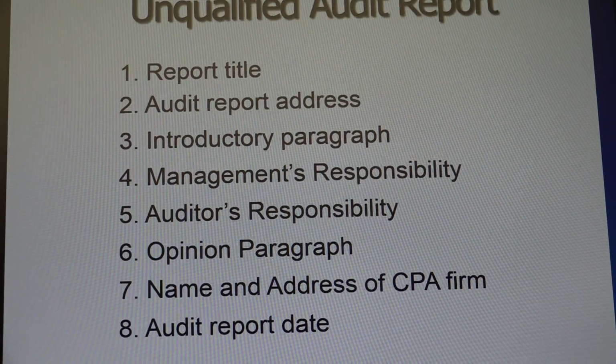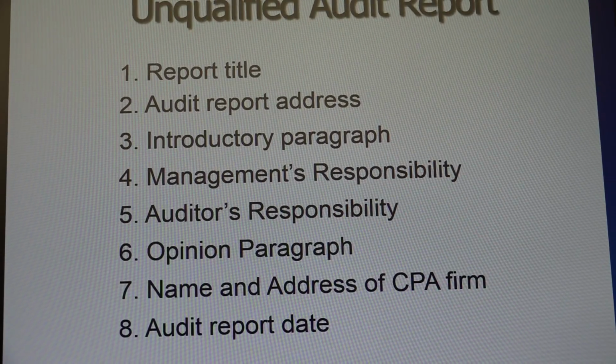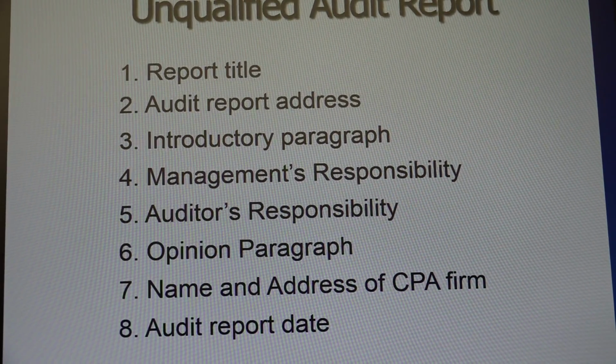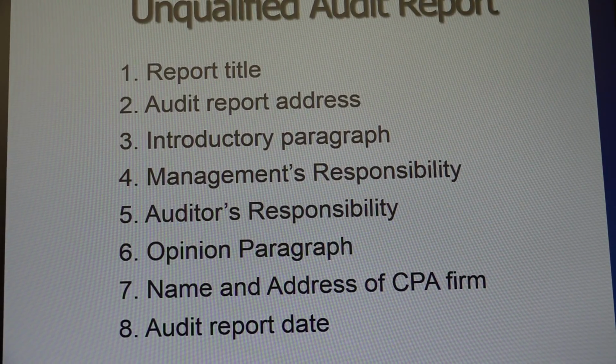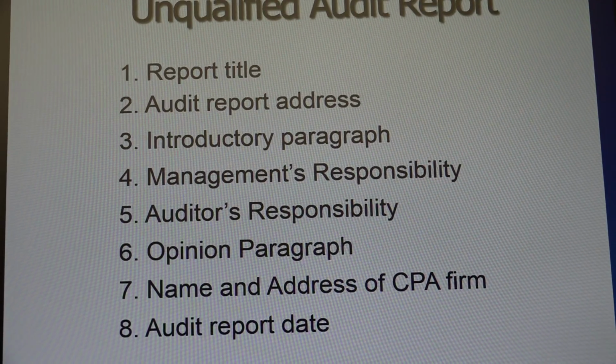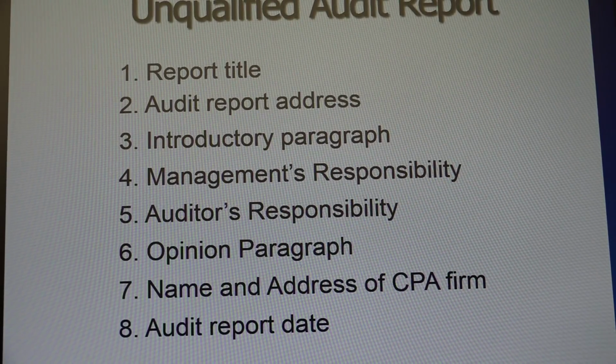The other thing that needs to be discussed here is the fact that the auditor needs to describe the scope of the audits and the evidence accumulated in kind of a general fashion.